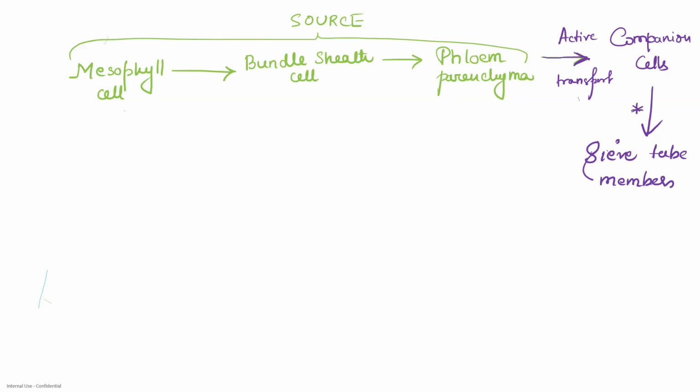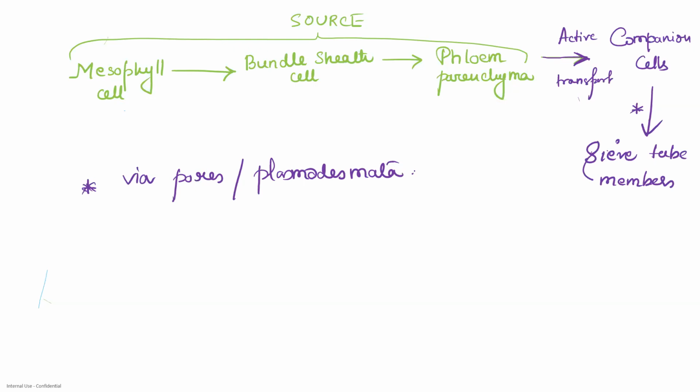I'll just write here, sieve tube members via pores, or plasmodesmata. This is the pathway of photoassimilate transfer.